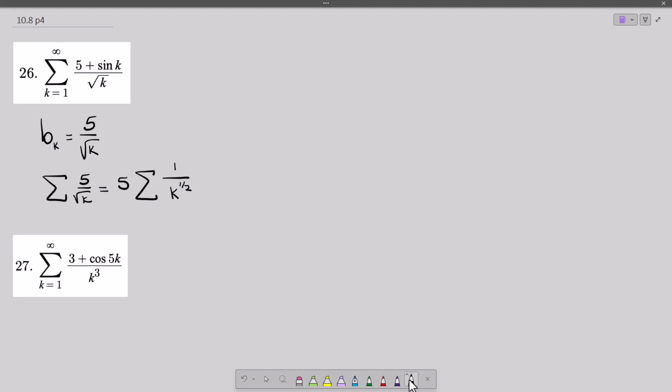How do I know it's a p series? You identify p, you compare it to 1, and you make a conclusion. And if p is less than 1, you have divergence. So the opposite of the geometric series. For geometric series, less than 1 is converge. For a p series, less than 1 is diverge.